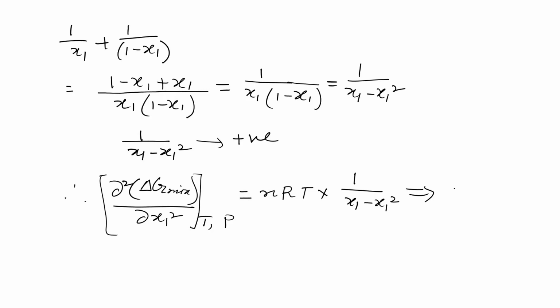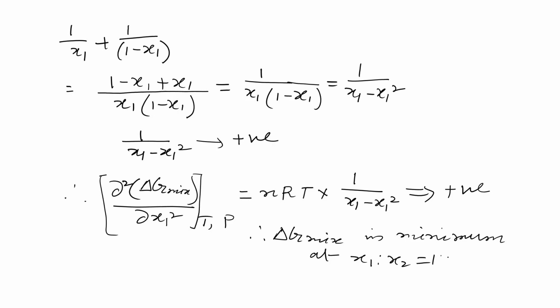This will be positive. Positive means that delta G mixing is minimum, not maximum because it is coming positive. It is minimum at x1 is to x2 equal to 1 is to 1, that is half and half.